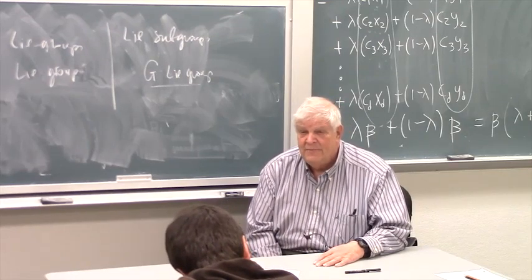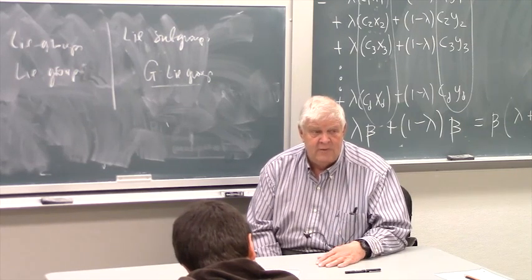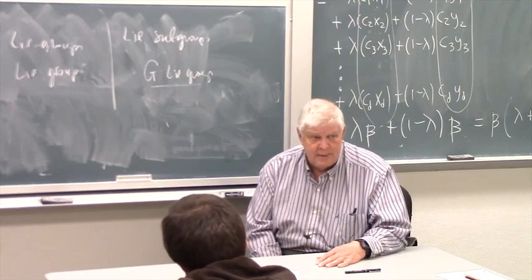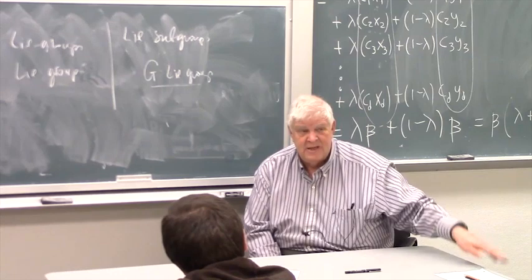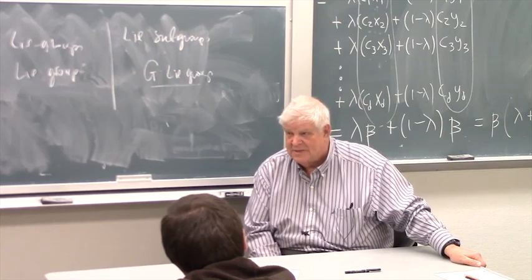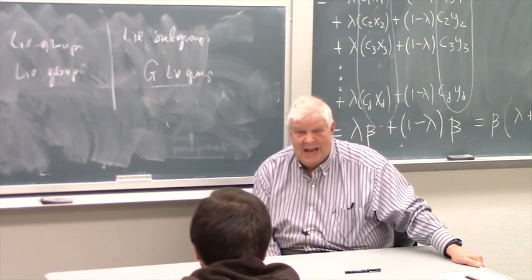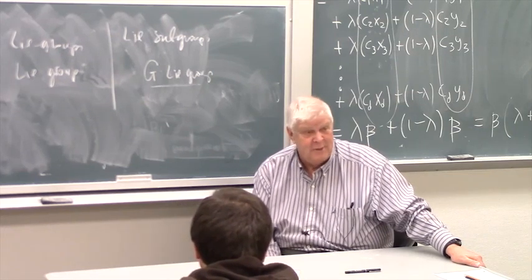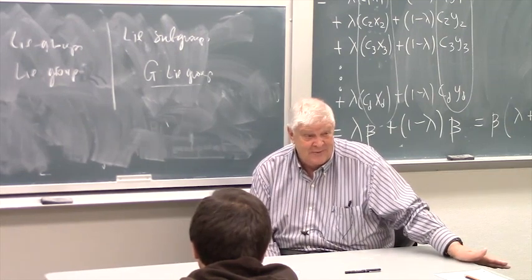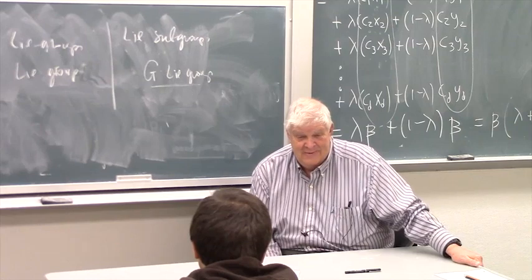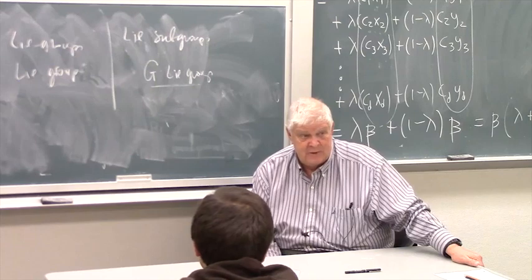Believe it or not, maybe some of you do not know this: if you have a Lie group and a subgroup which is just closed with respect to topology, nothing else, then it is a Lie subgroup. Then it has to be a submanifold. Can you imagine this?